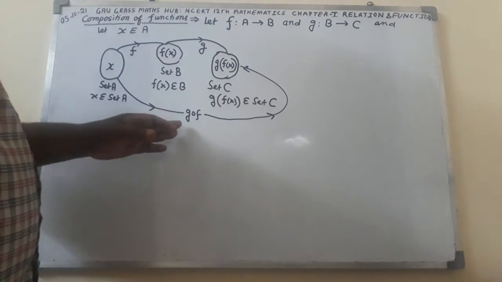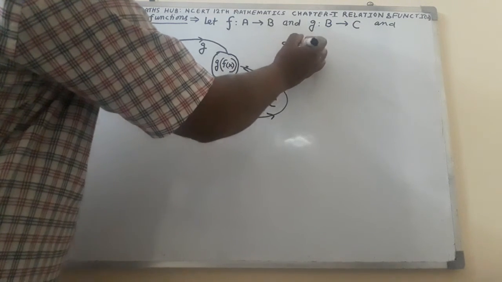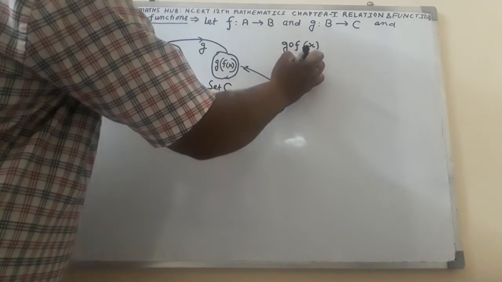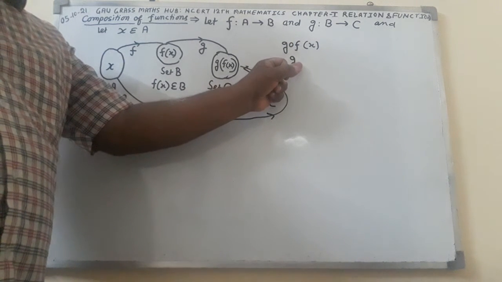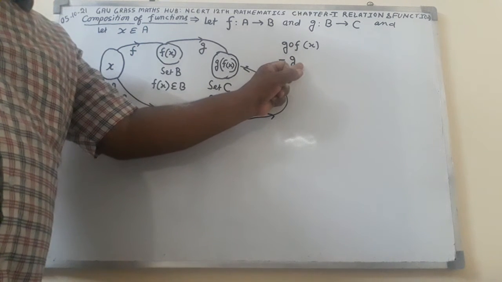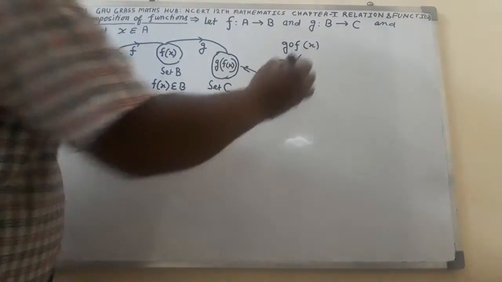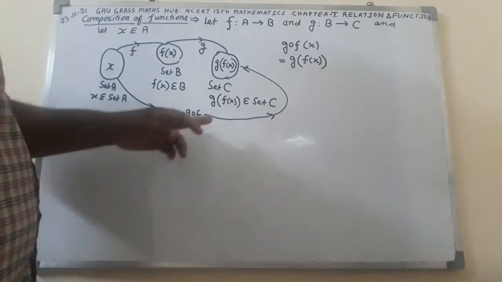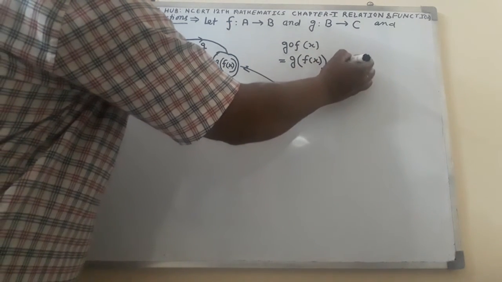If I write gof here, I take it equal to g, small g. In place of small o, write an opening circle bracket, and f of x will be written. You can see here g of f of x belongs to set C.